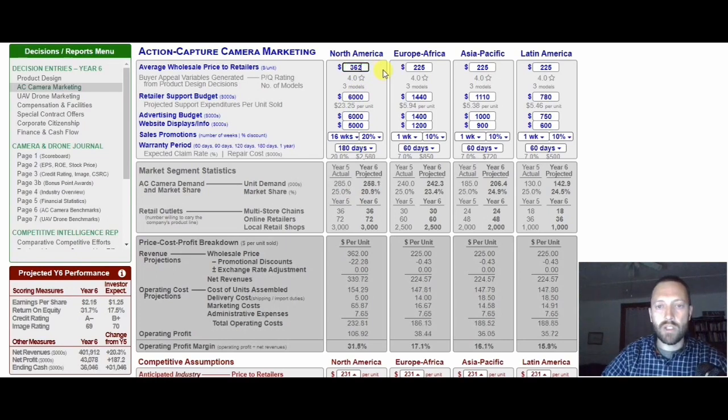So I'm always changing something else to get me to what it needs to be. And here I'm almost there. Let's increase market share a little bit more. And let's increase retail support budget a little bit more. And there we go. 25%.